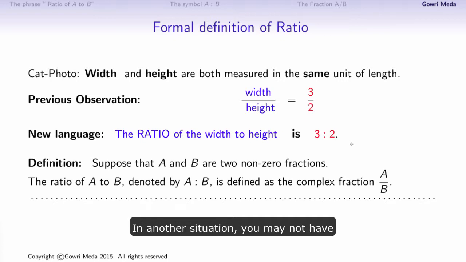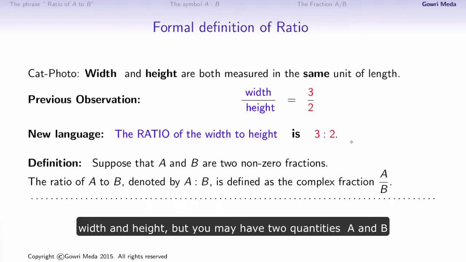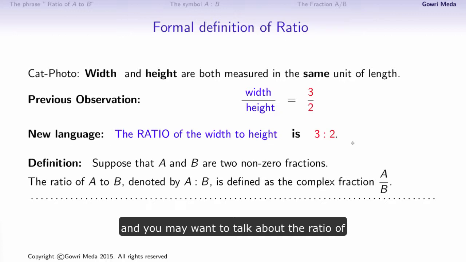Now in another situation, you may not have width and height, but you may have two quantities A and B, and you may want to talk about the ratio of A to B. And here's the formal definition. Suppose that A and B are two non-zero fractions.